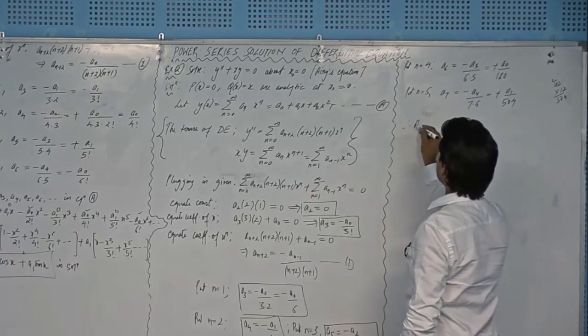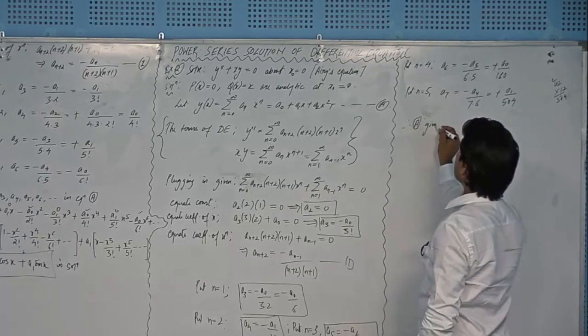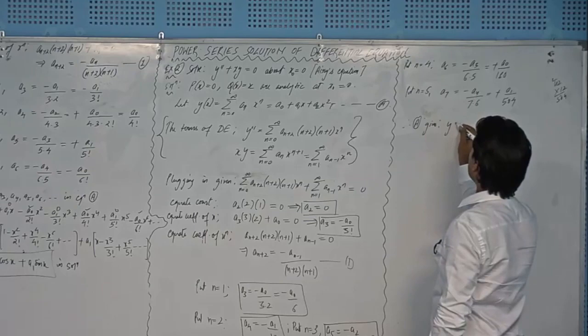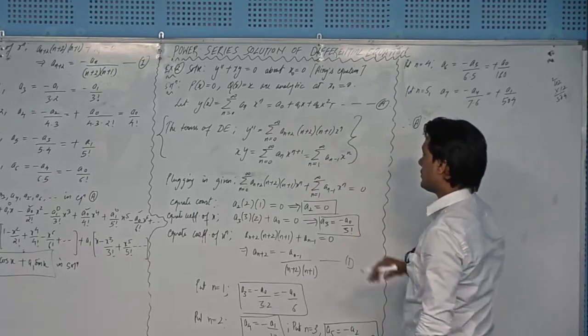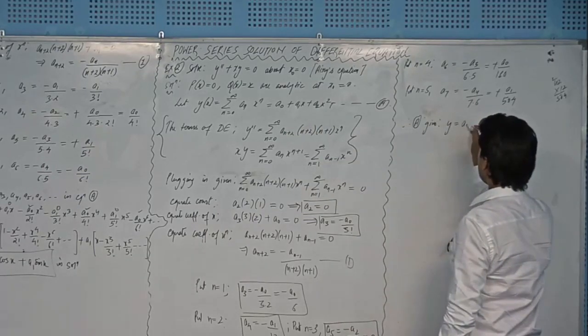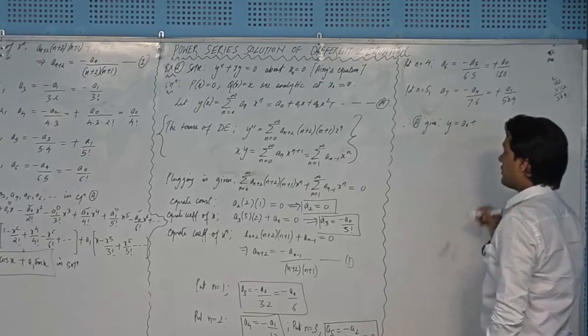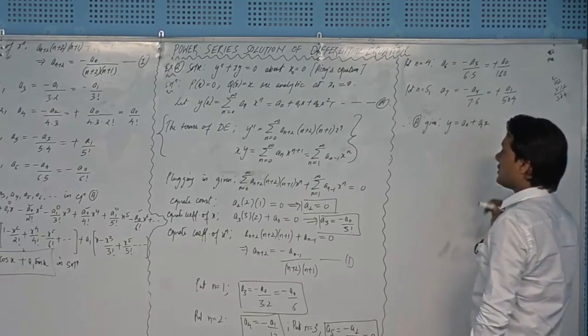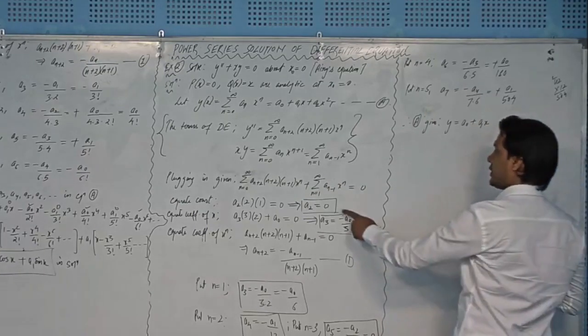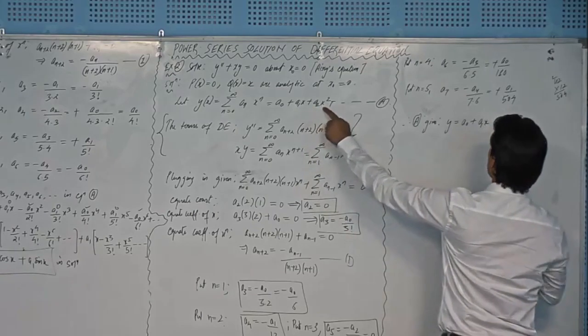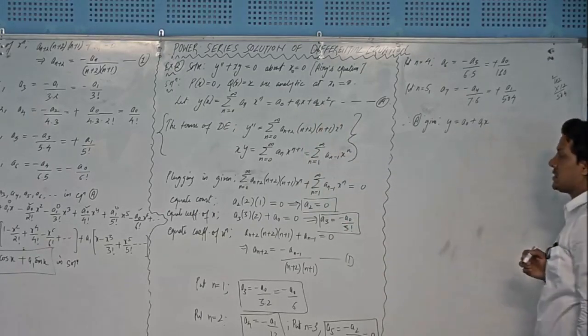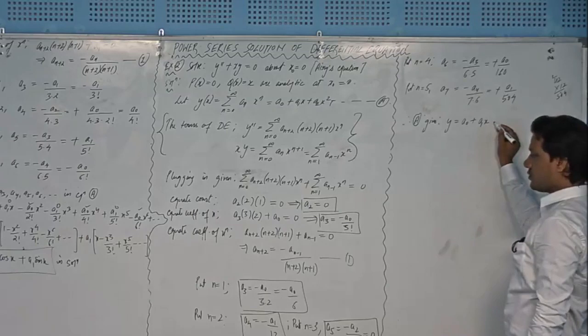So therefore A gives y is equal to value of a naught. A naught is not known. A1, the value of a1, that is also arbitrary. Now the value of a2 is 0, so the term containing x square will be absent. Now the next term a3 x cube. What is a3?